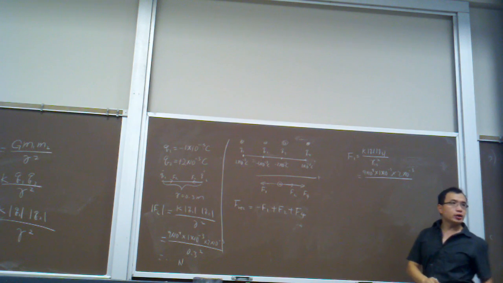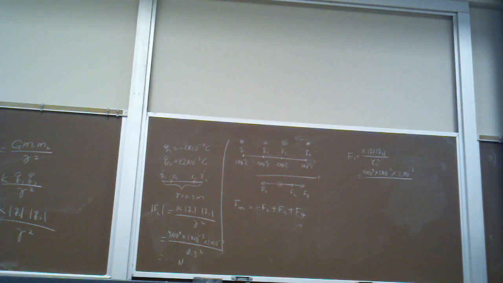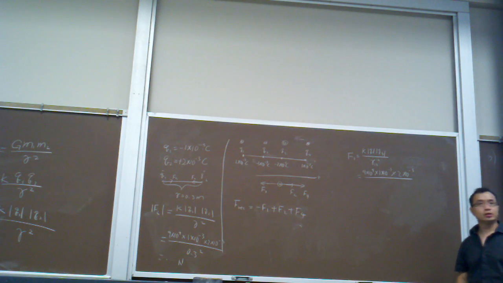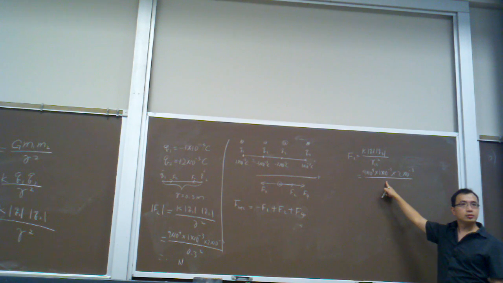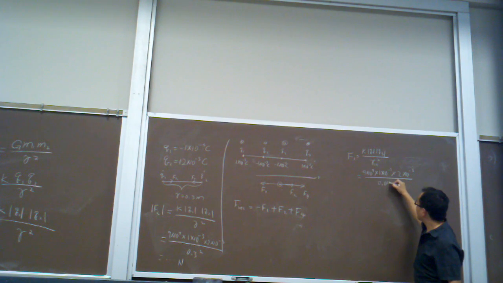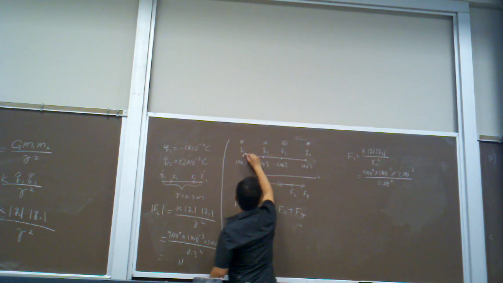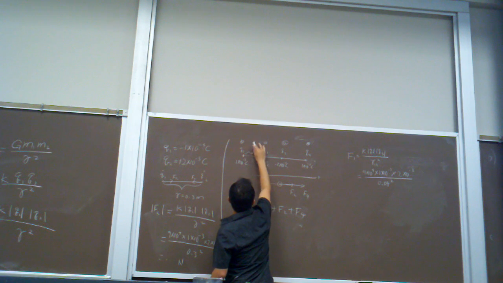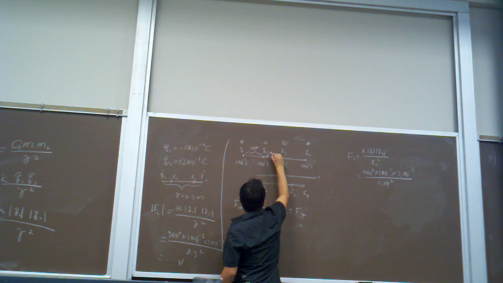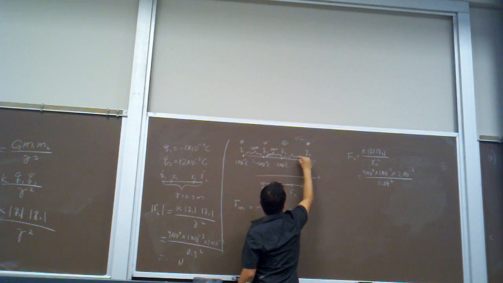What is R13? The distance between charge 1 and charge 3. What is 4 centimeters? And what's the number you want to put here? 0.04, squared. Each distance is 2 centimeters, 2 centimeters, and 2 centimeters.